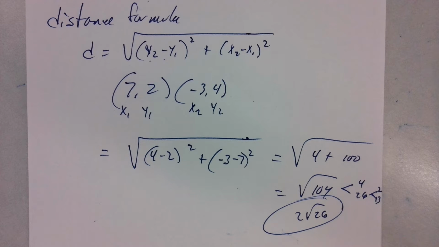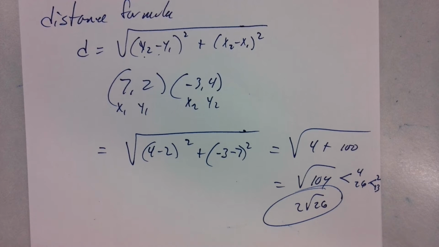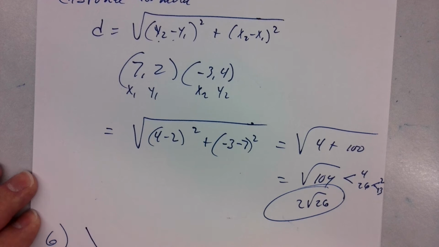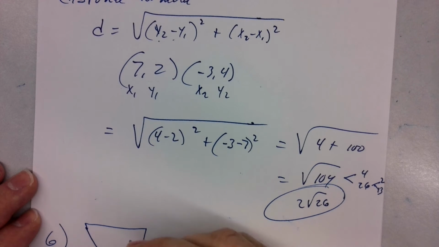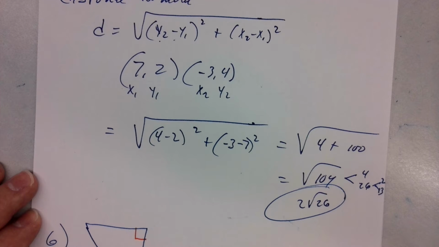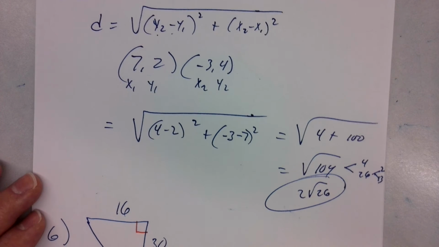Number 6? Because you had to solve for x first. Well, let's look at it. So 6 says, I got 16, I got 30, and I got x, right?